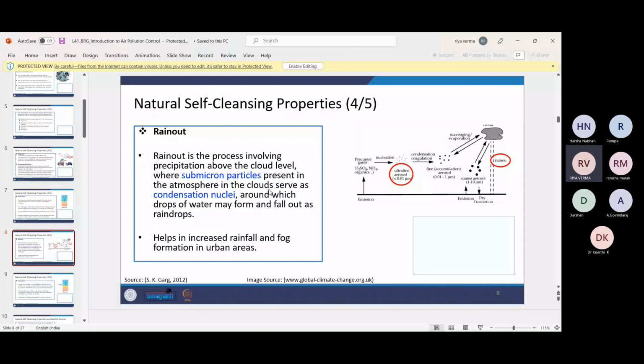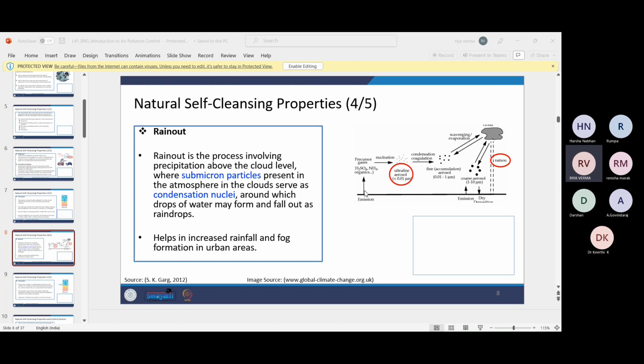Okay. So, is this the natural self-cleansing property? Is this slide visible? Yes, ma'am. I can understand rain out, ma'am. Okay. So basically, rain out is a natural self-cleansing mechanism to remove the particulates from the air. So what happens is when the submicron particles, the smaller size of particles present in the upper atmosphere, start acting as condensation nuclei.